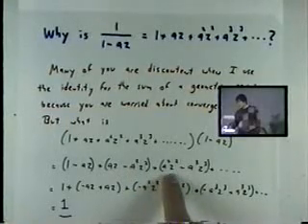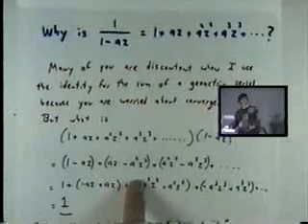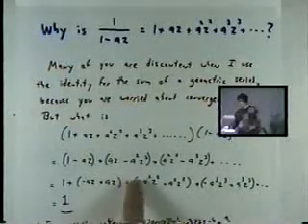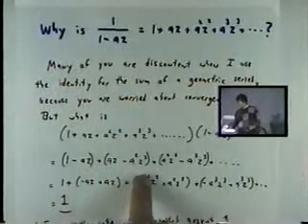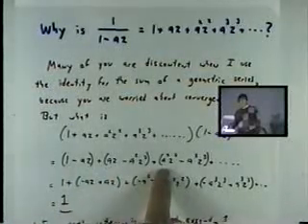What do you see? You see a telescoping sum, don't you? This term is minus, this term is plus. This term is minus, this term is plus. By the time they finish vaporizing each other, what's left? Only 1.